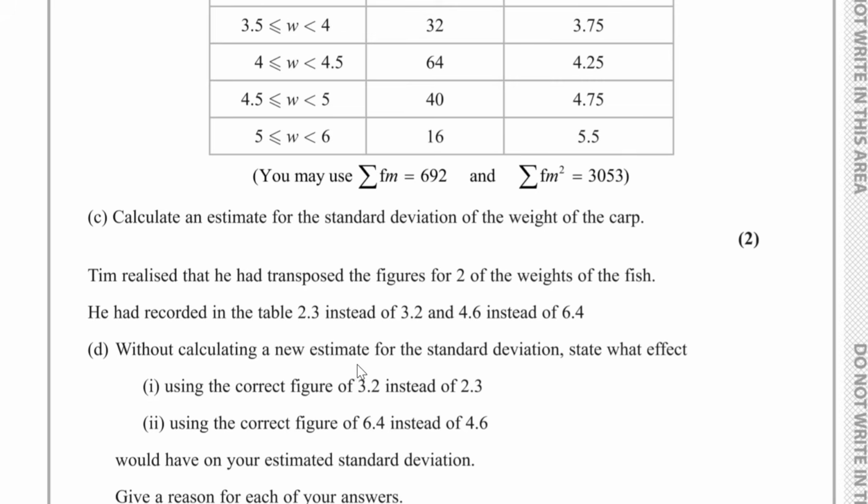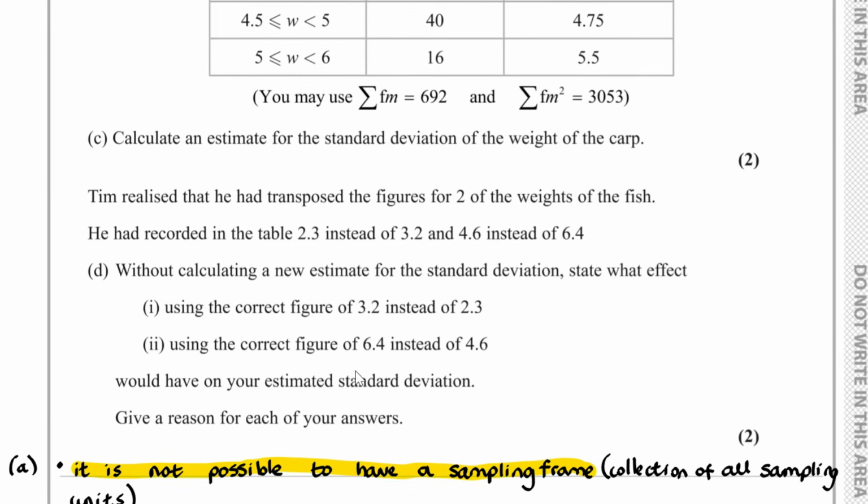Without calculating a new estimate for the standard deviation, we have to state what effect using the correct figure of 3.2 instead of the 2.3 has on the standard deviation, and then what effect using the correct 6.4 instead of the 4.6 has on our estimated value of the standard deviation. Give a reason for each of your answers.